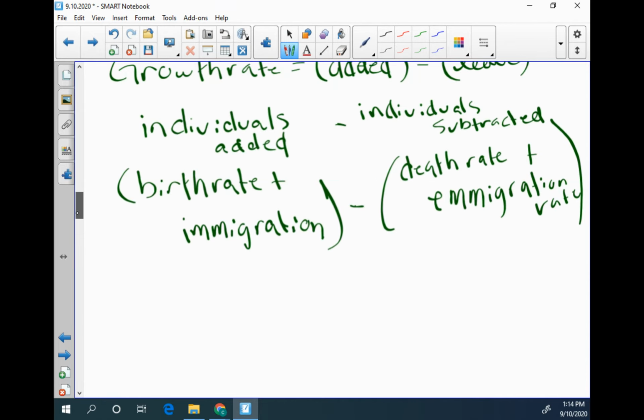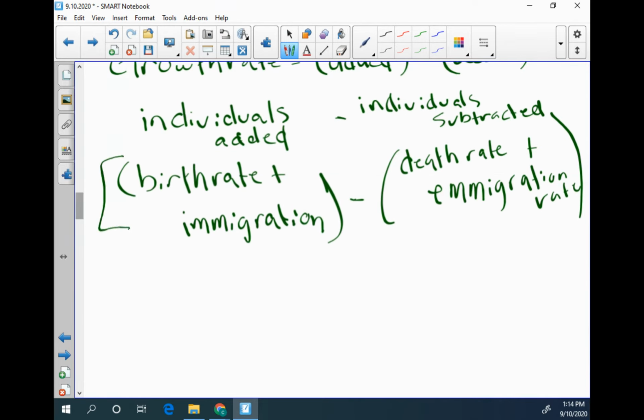This will give us our net change in size. So overall, how fast is our population growing?